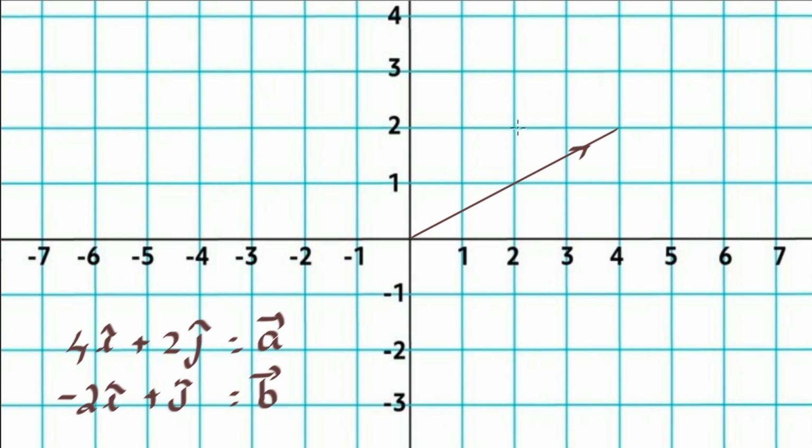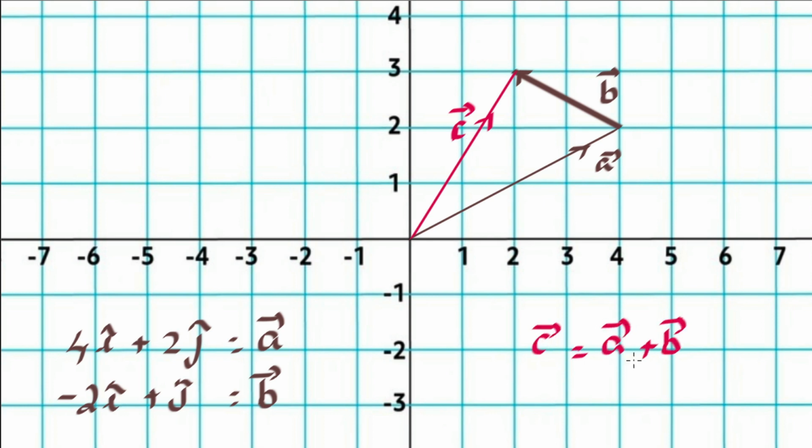So minus 2i plus j is that vector, that is B. So this is A and that is B. The vector sum, which I'm going to draw in red color, is going to be that. C is equal to A plus B.